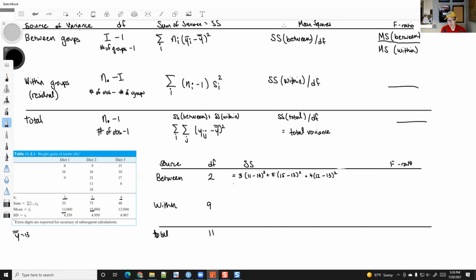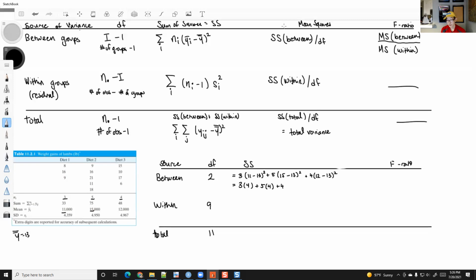Okay, so here I've got 3 times 11 minus 13, which is negative 2. Negative 2 squared is 4. So I'm going to do 3 times 4, plus 5 times 15 minus 13, which is 2. 2 squared is 4.